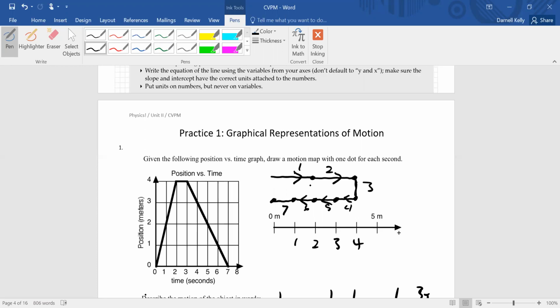Let's peruse this even further. Why don't you take the slopes, just do it independently. I'll give you a couple of minutes. Give me the slopes of these two lines, and then give me the velocities of those two lines. Should be pretty simple.